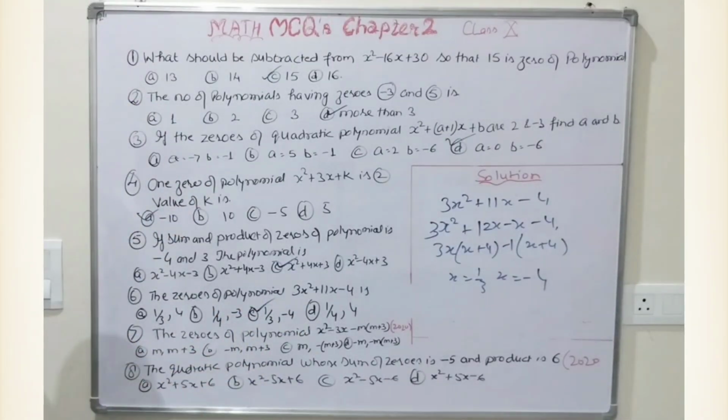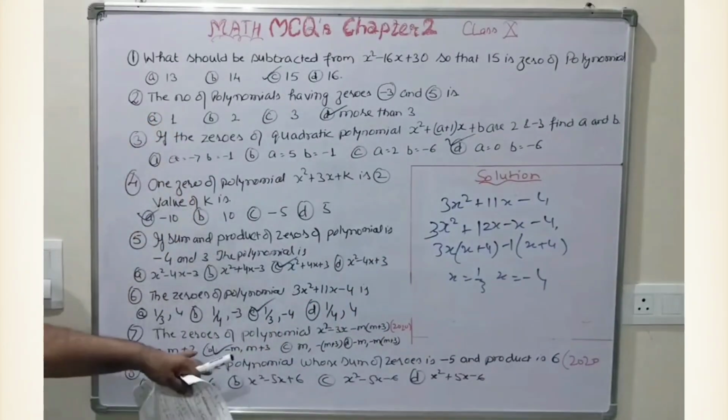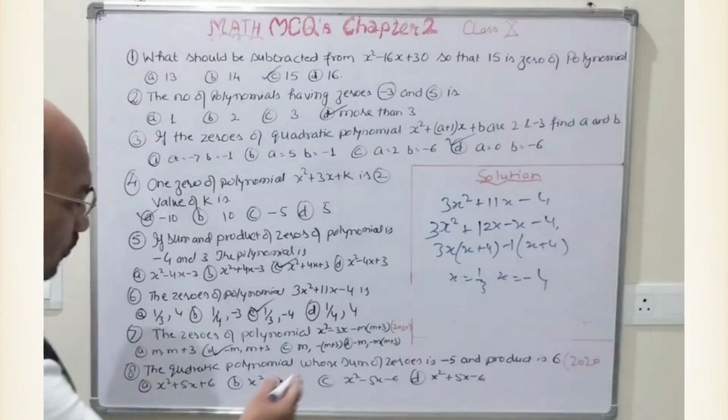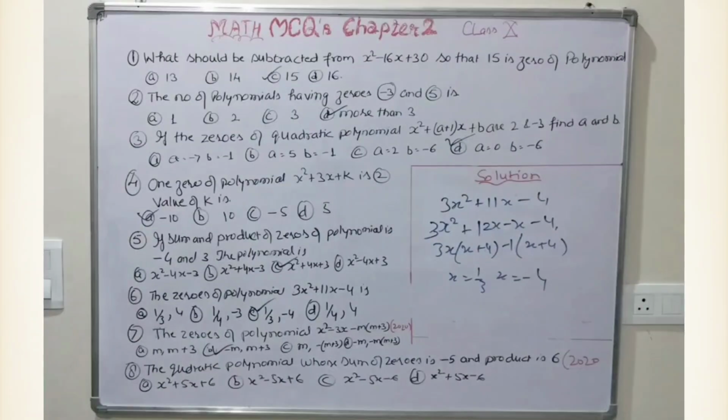The zeros of polynomial x square minus 3x minus m plus 3. तो इसकी जीरोस क्या होंगी, जैसा कि हम अभी निकाल लेंगे, तो ये जीरोस होंगी -m और m+3। नेक्स्ट इज द क्वाड्रेटिक पॉलिनोमियल whose sum of zeros is -5 and product of zeros is 6.